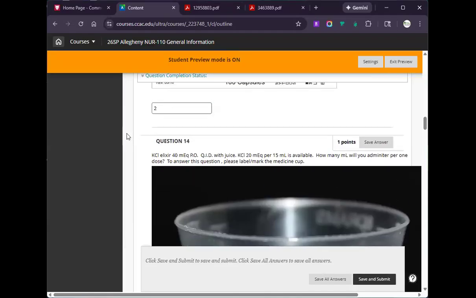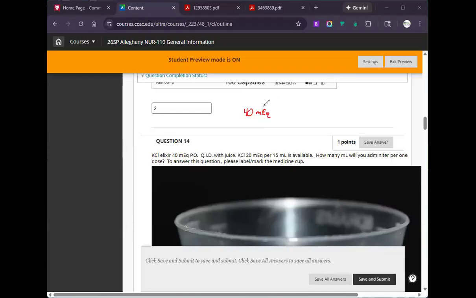So first we have to solve for what this is. Again, I'm going to take my order. Now this time it's something weird, right? So I have 40 milliequivalents as my order.